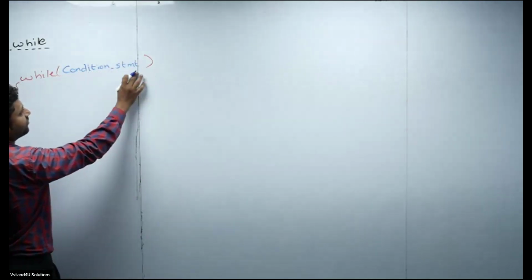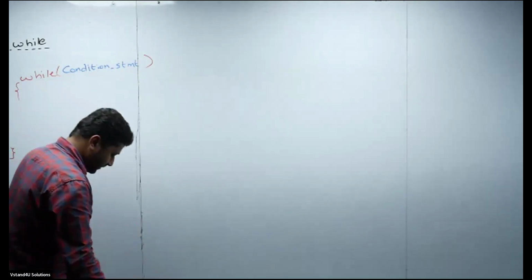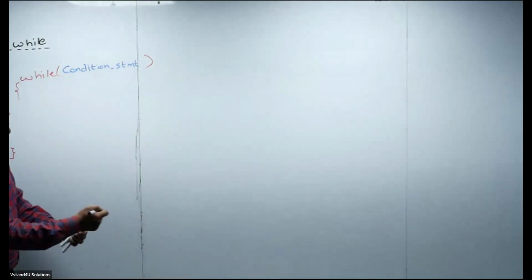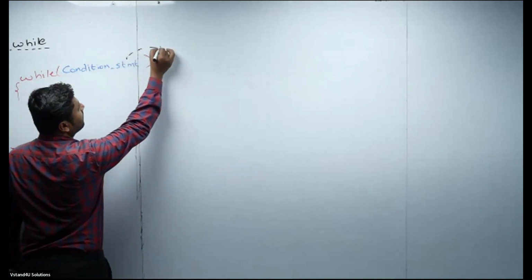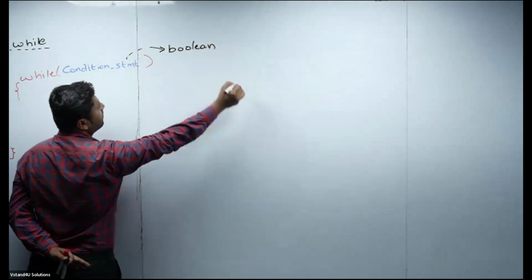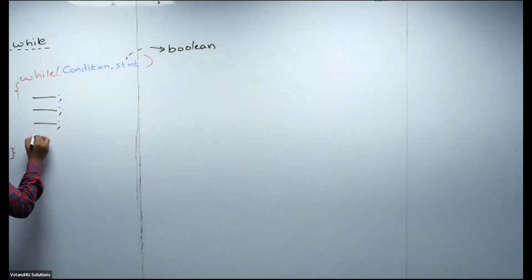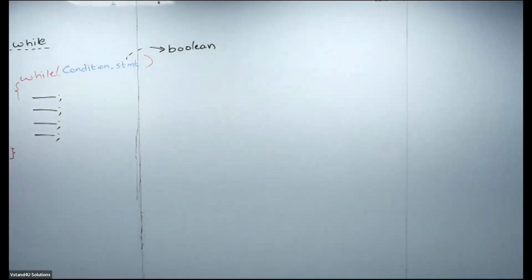I'm writing the short form, you ensure to write this. But the most important point is that this conditional statement must produce a Boolean value, either true or false. If everything goes well, then this body will be executed. Agree?